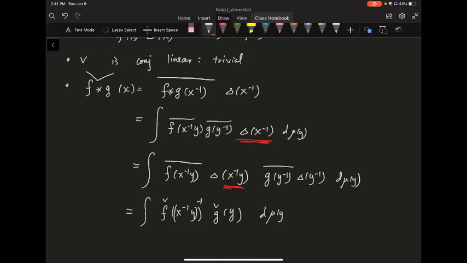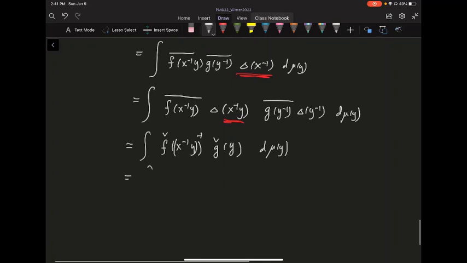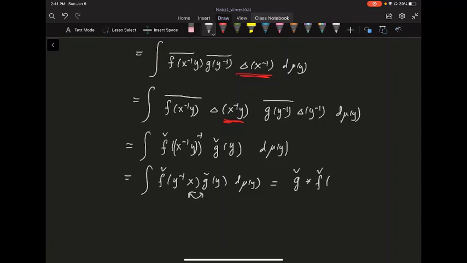In this way, we move the y back to the inverse. Again, this is f check of y inverse x, and then I have g check of y, d mu of y, and you can just move these two around. This is g check of y times f check of y inverse x, which is the convolution of g check with f check.